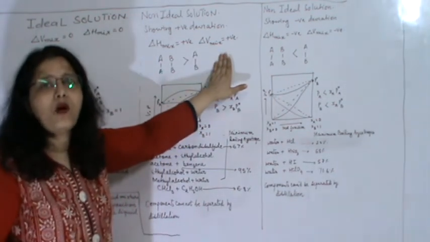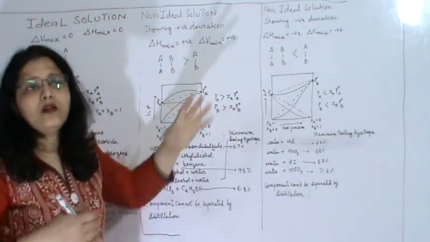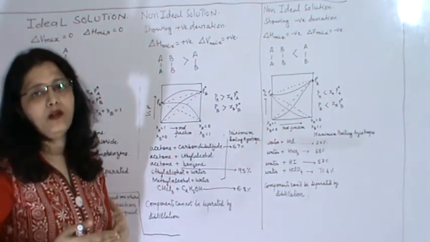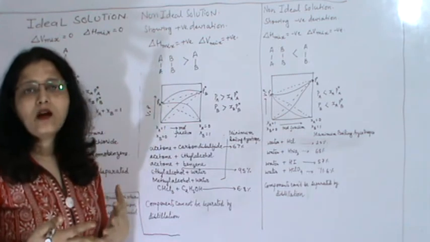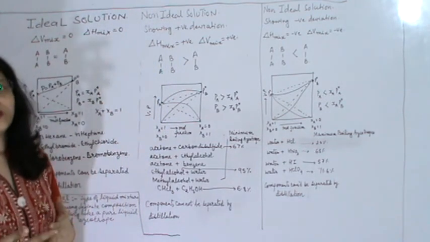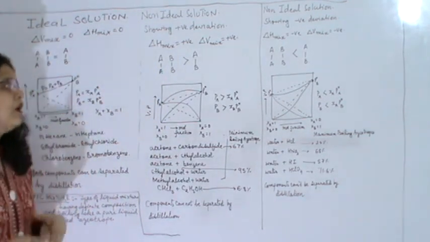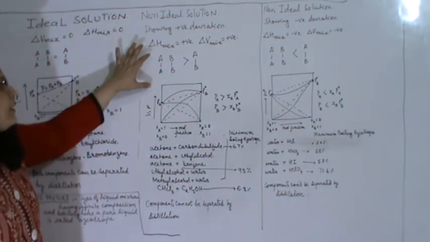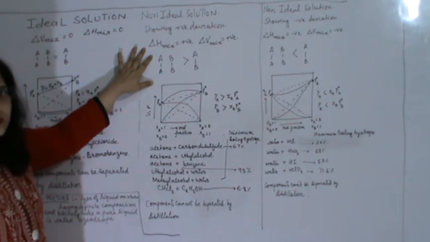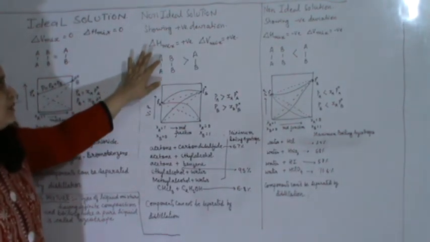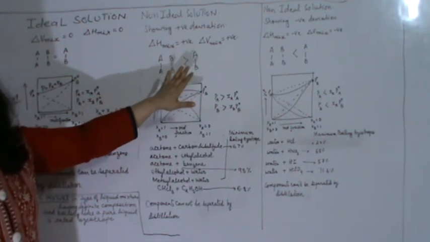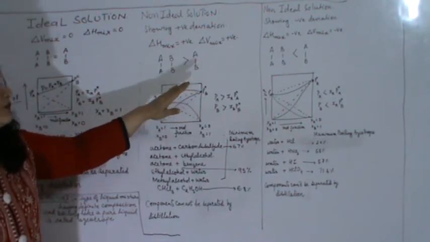Delta V mixing positive means the volume is increased as compared to the expected volume. Although the increase is not much, still there is some increase in volume. And if we talk about the interactions, the solute-solute and solvent-solvent interaction is more than the solute-solvent interaction.